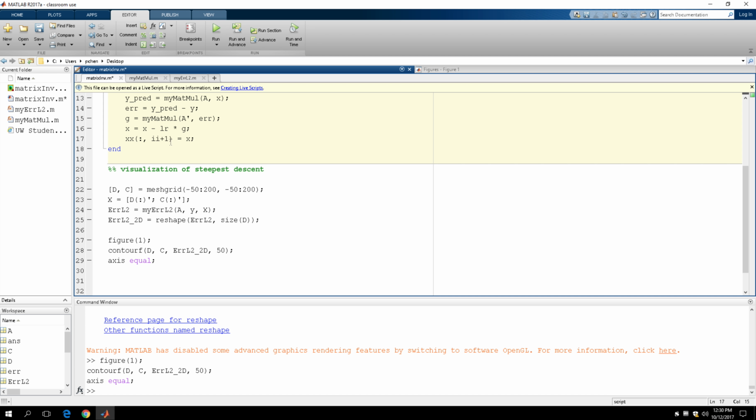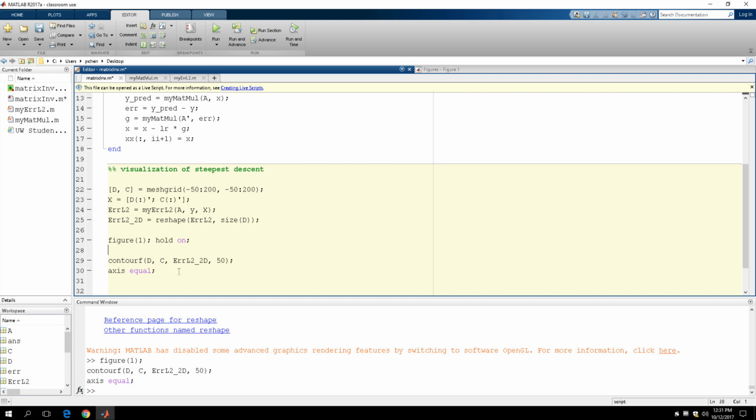Once we have this xx vector that tracks the position of x for every iteration, we can plot the xx vector onto this two-dimensional contour plot, right? In order to plot both the curve and the contour, we need to hold on.